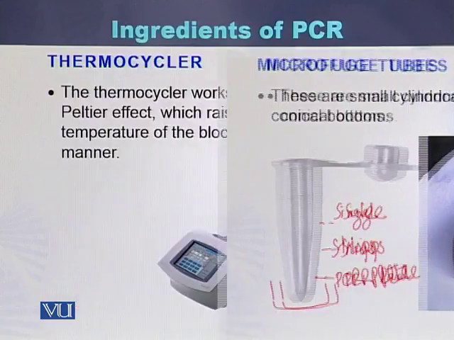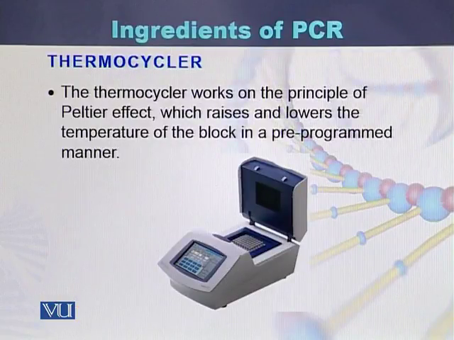The next is the thermocycler. The thermocycler is also called a PCR machine. It works on the principle of the Peltier effect, by which the temperature rises and lowers.